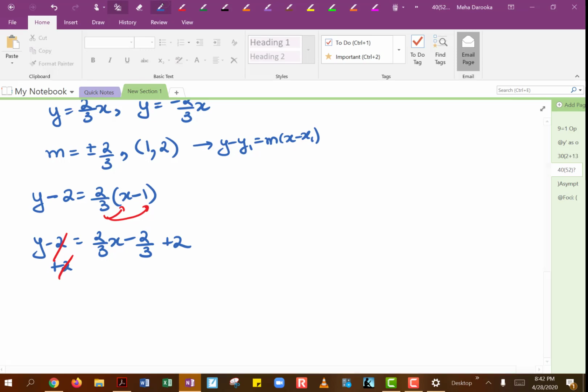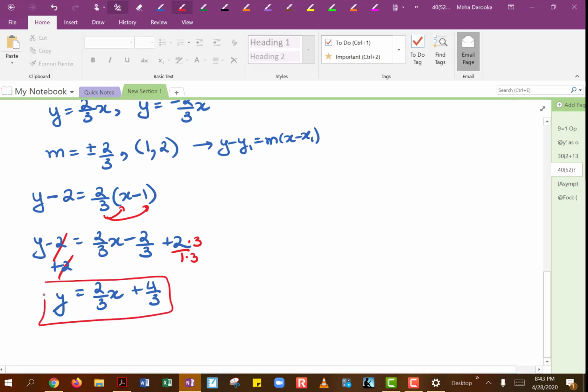Make a common denominator, which will be 3 this time. So you get y equals 2/3 x, and then I have negative 2/3, and this here will give me positive 6/3. So negative 2 and positive 6 gives us a positive 4. So we end up getting y equals 2/3 x plus 4/3 as one of our equations for the oblique asymptote.